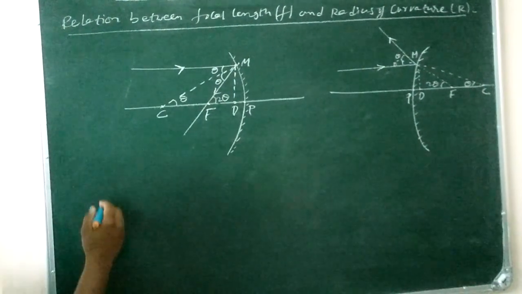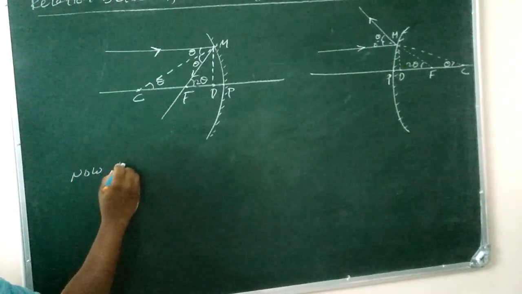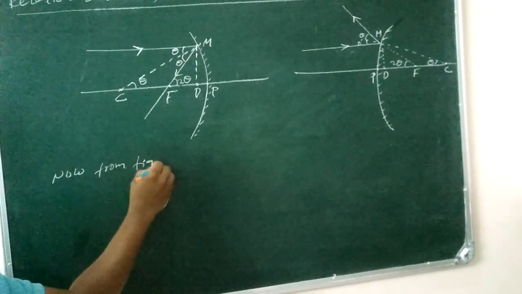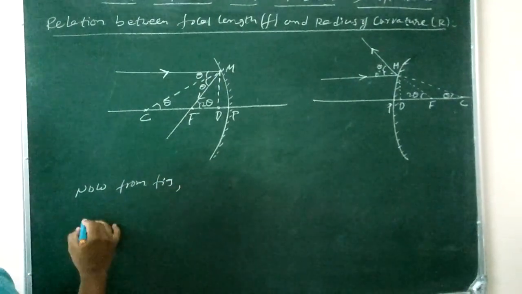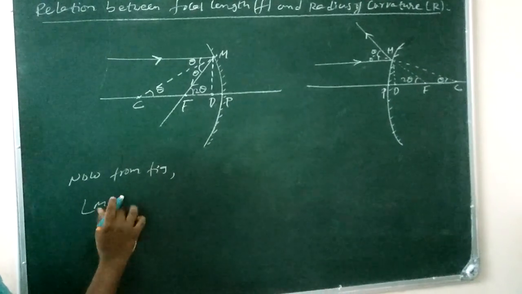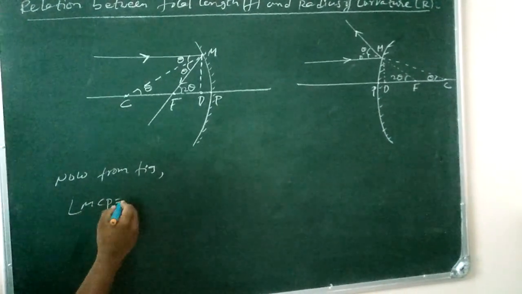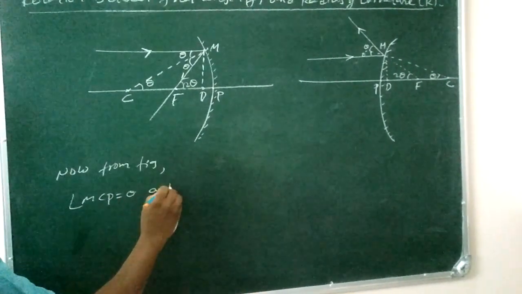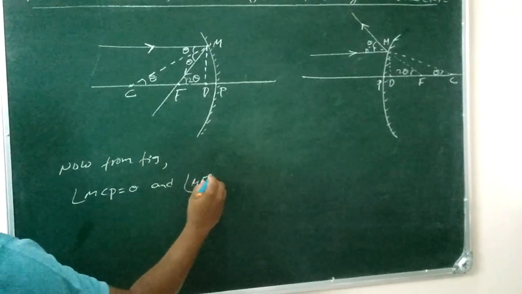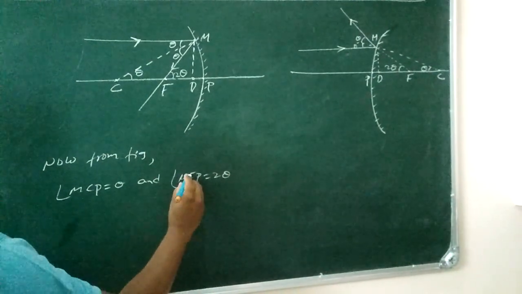Now from the figure we derive: angle MCP is equal to theta, and angle MFP is equal to 2 theta.